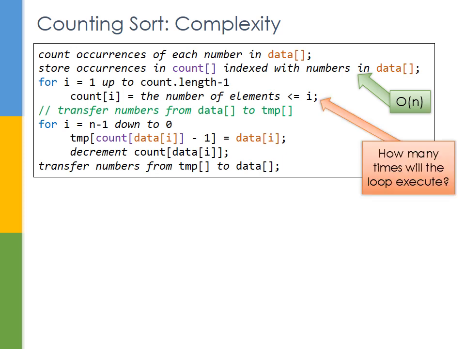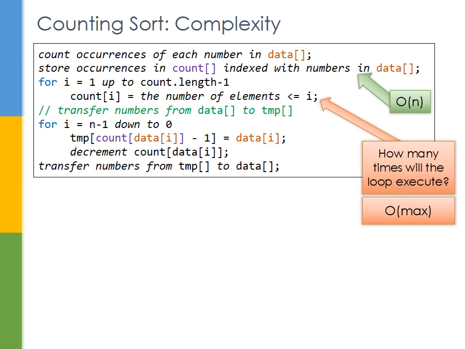So how many times then will this loop execute? Well, it will execute then approximately the length of the count array, which is determined by this maximum digit count. So the complexity then of this portion of the algorithm is O(max), where max is the maximum number of digits found across all of the various numbers that are contained within the data array.